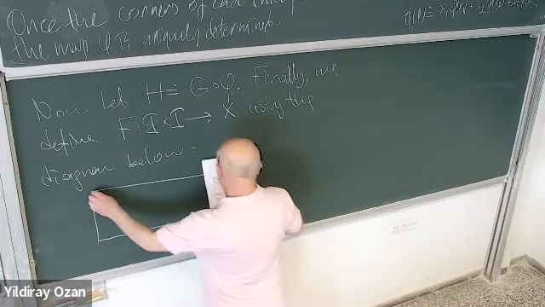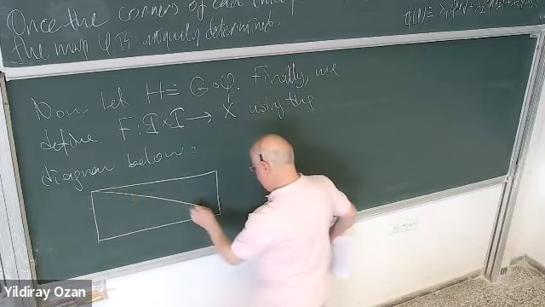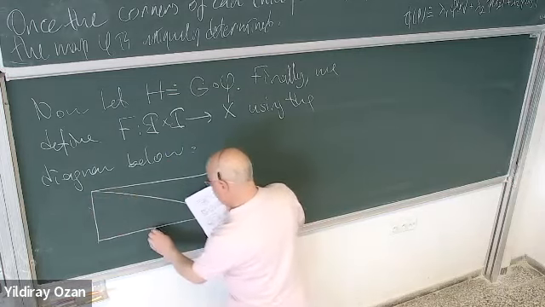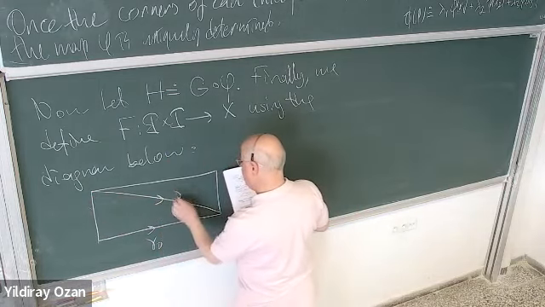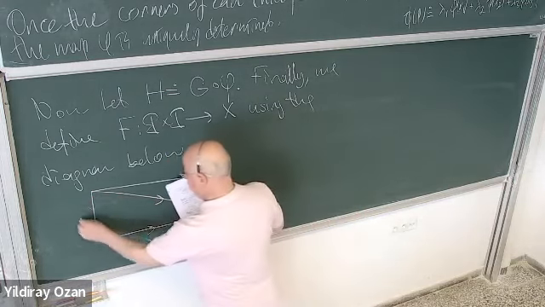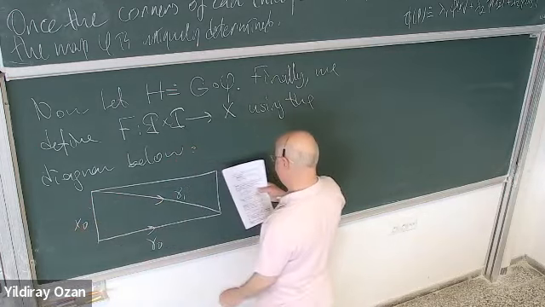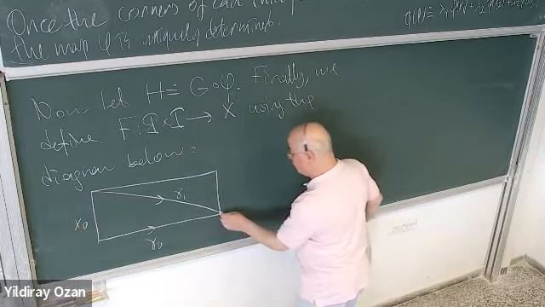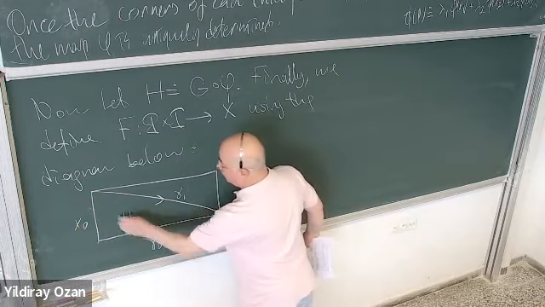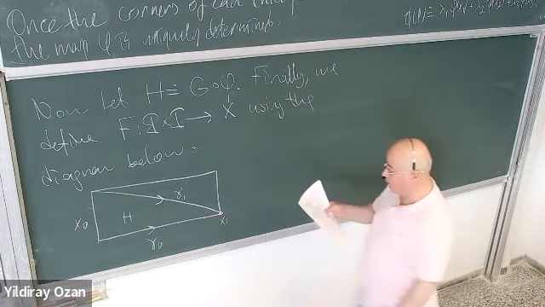Okay, now we have gamma 0 here, gamma 1 here, x0 here. This point was mapped to x1, this point. So my h is defined only on this lower triangle.